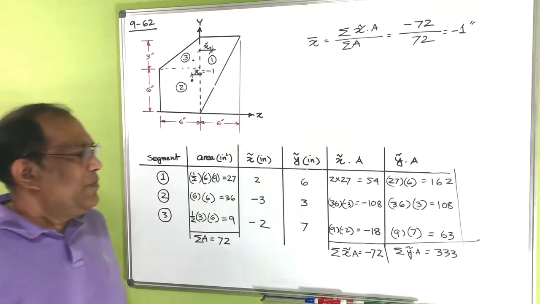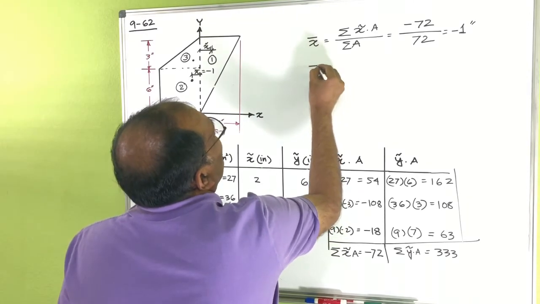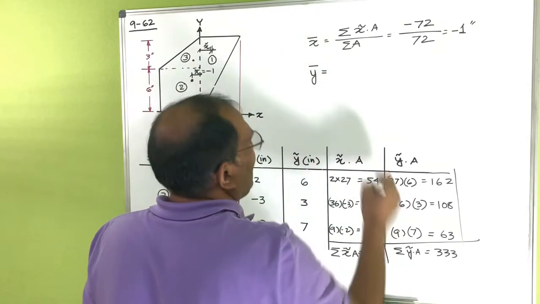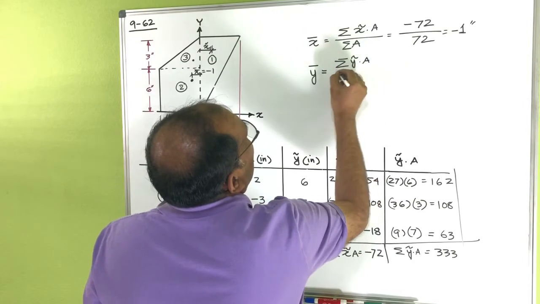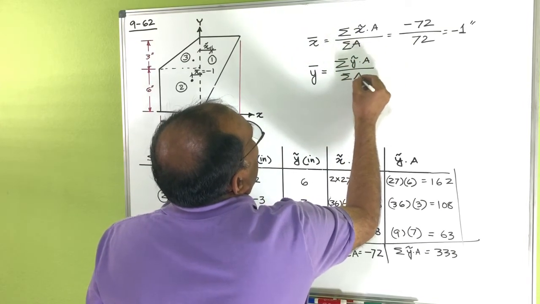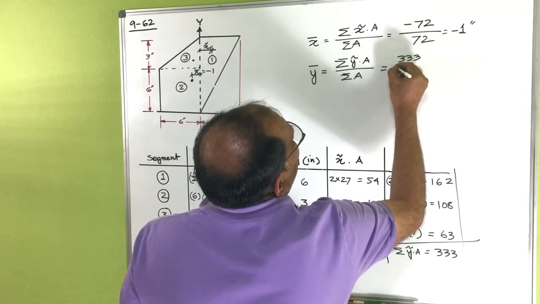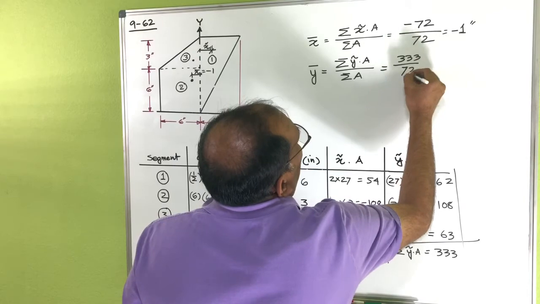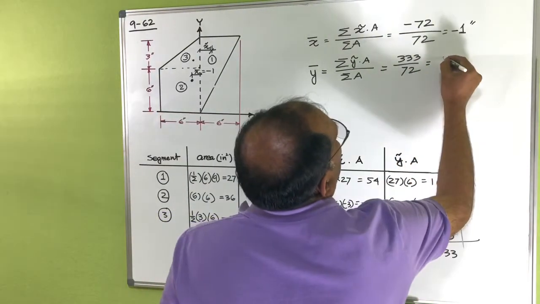Now you can find out your y bar, which is basically summation of y squiggly bar A divided by summation of A. So that's 333 divided by 72. That's actually 4.625.